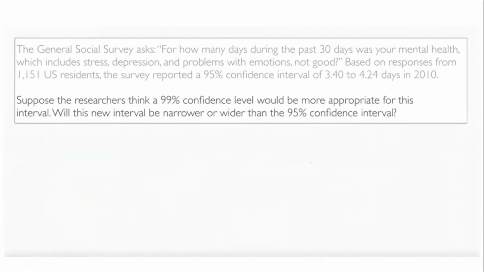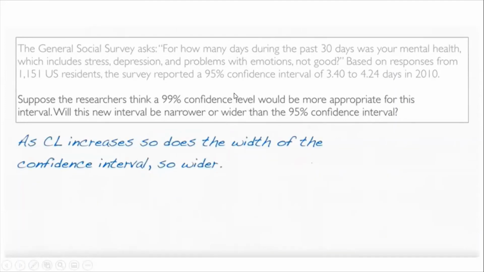Will it be narrower or wider than the 95% CI? Imagine this: as the confidence level increases, the limit of the confidence interval gets wider. So the 99% confidence interval will be wider than the 95% confidence interval.